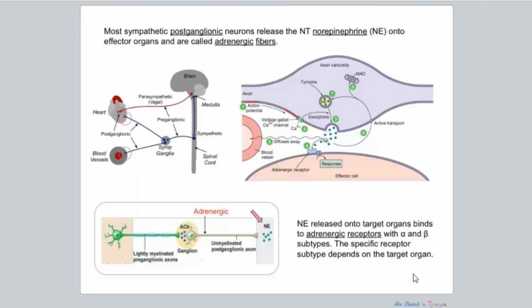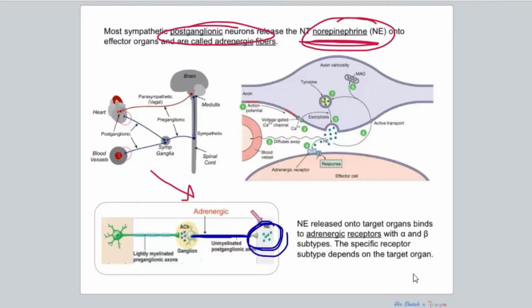Now, most sympathetic postganglionic neurons release the neurotransmitter norepinephrine onto the effector organs. And norepinephrine is also known as noradrenaline. So back to our schematic, we have this postganglionic neuron that releases norepinephrine, noradrenaline, onto the effector organ. So here we have a preganglionic neuron releasing acetylcholine.